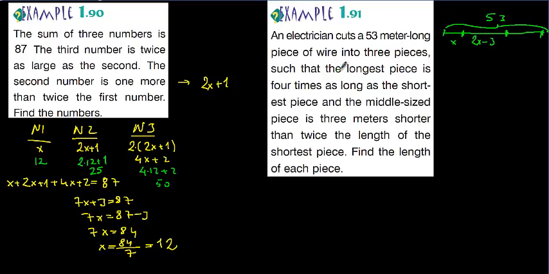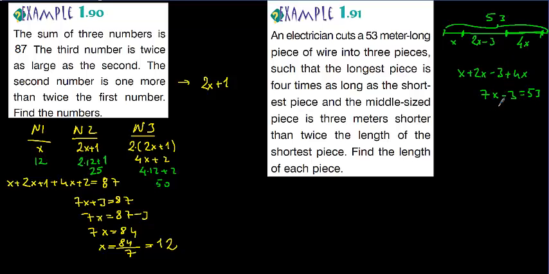And the longest one is 4 times as long as the shortest, so that is 4x. So x plus 2x minus 3 plus 4x, which is 7x minus 3, is equal to 53.